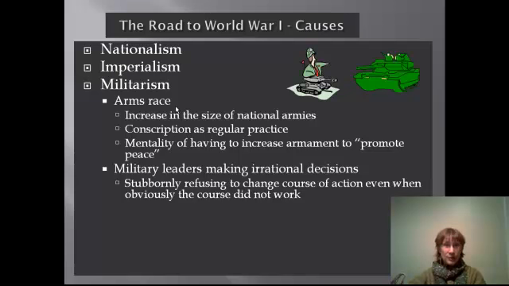And of course, those military leaders want war. They want to fight. So once they take control of a situation, they are not going to let it go. And that's what happened prior to the beginning of World War I.